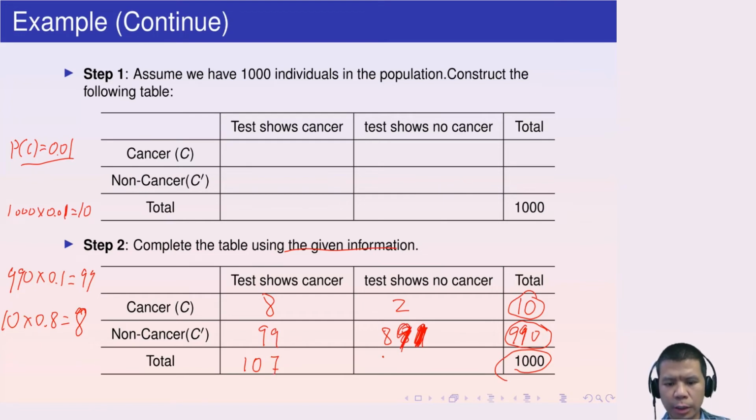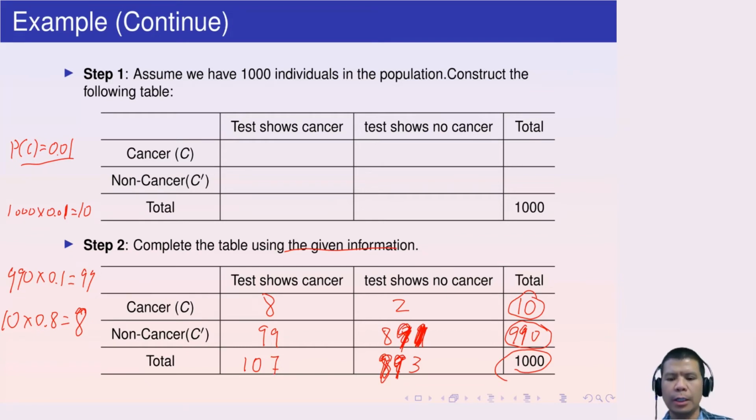This is going to be 900. 893, all right, 893. So that's right. Okay, so we have completed this table based on the information.